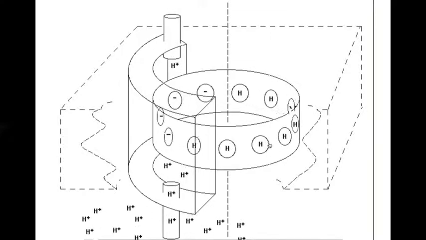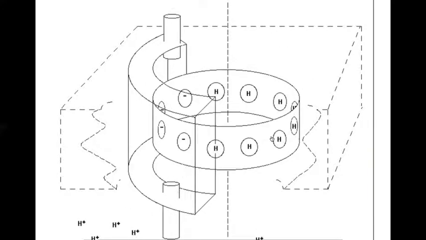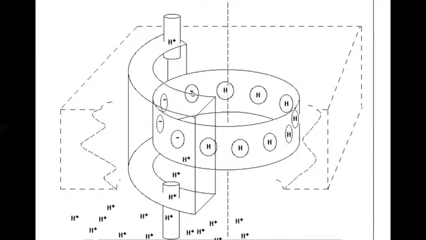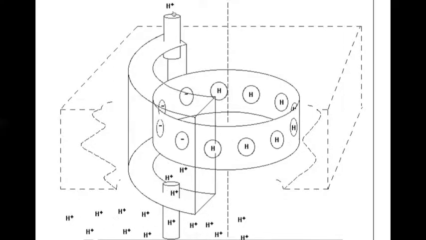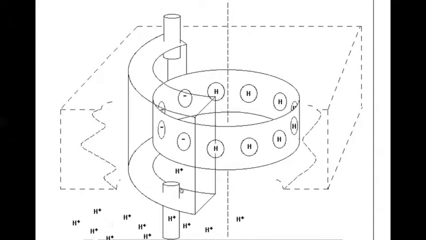When this was first proposed, nobody believed this, but it turned out to be true in the end. And the protons go around to the other side, and then they get exposed to a channel where they can hop off on the inside. So high concentration flows to low concentration, sort of driving this water wheel, if you will. Plus charge is attracted to negative charge, which drives this water wheel.